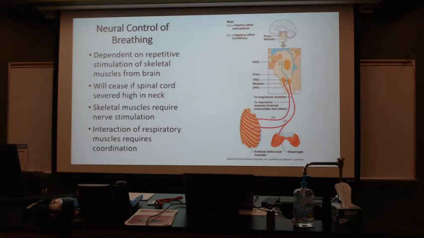So, inhale, exhale, inhale, and they don't stop. They're running 24/7, 365, 366, sleep. They're reverberating. It's a reverberating circuit.